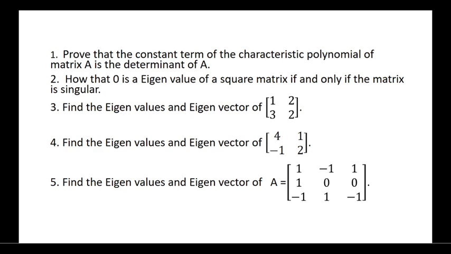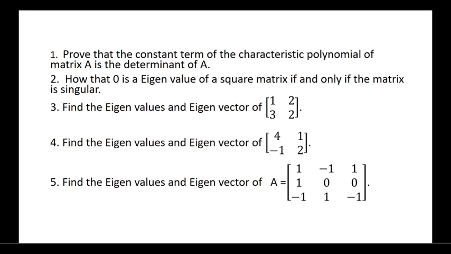Similarly, to find another eigenvector, in case 2, you put lambda is equal to the other eigenvalue, that is -1. If you put -1 in the set of equations, we get 3x1 plus 6x2 is equal to 0. The second is also the same, 3x1 plus 6x2 is equal to 0. Solving these equations, we get x1 is equal to -2k, x2 is equal to k.